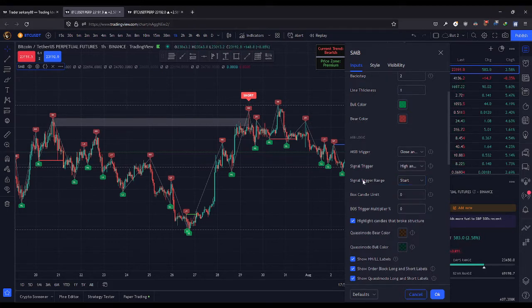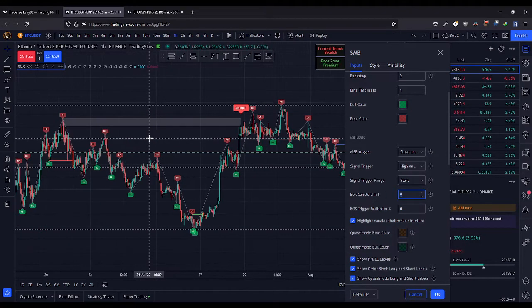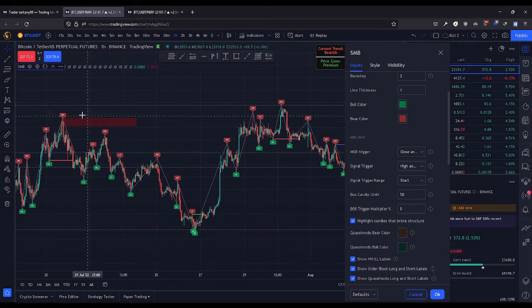There's also another setting that I implemented which shows that you can disable these signals and limit the box length according to the amount of candles after the box is drawn, which is, for example, 50. If we type 50 here, it will draw the box till 50 candles, and if it's not triggered, it will disable it and it will not use it as a signal.